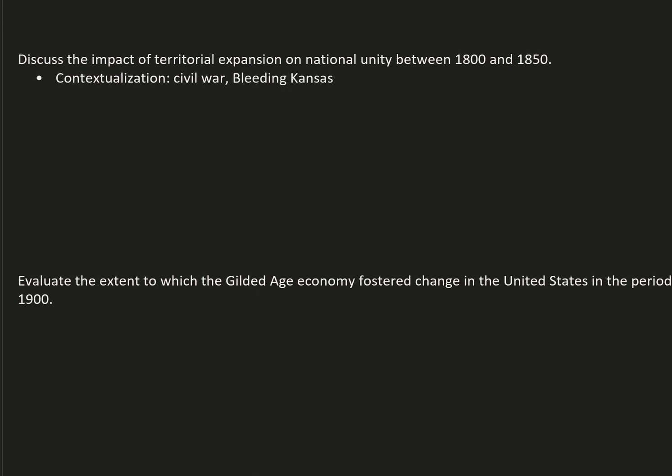Look at Bleeding Kansas and the Kansas-Nebraska Act, and that can be at the end when you're talking about how these policies between 1800 and 1850 that start to fracture national unity really come to a head after 1850, when things get violent and then eventually break into a civil war.